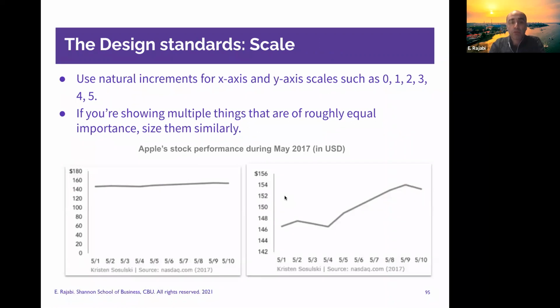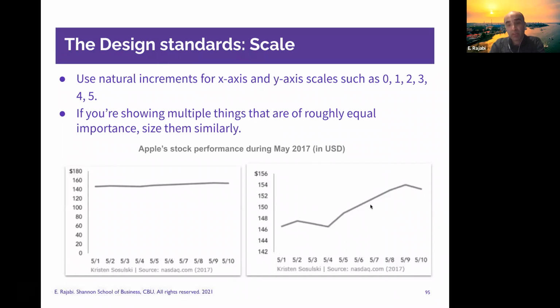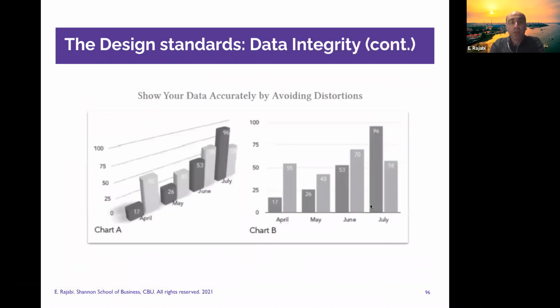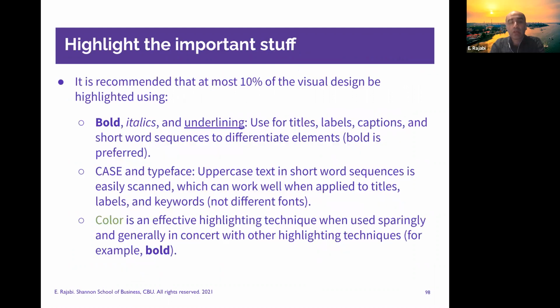In terms of scale, if you want to highlight something, these are the exceptions where you don't need to use a zero baseline, because you want to highlight the trend or changes over time. Avoid using 3D, as it affects readability. Remove the grids, for example, in your visualizations.